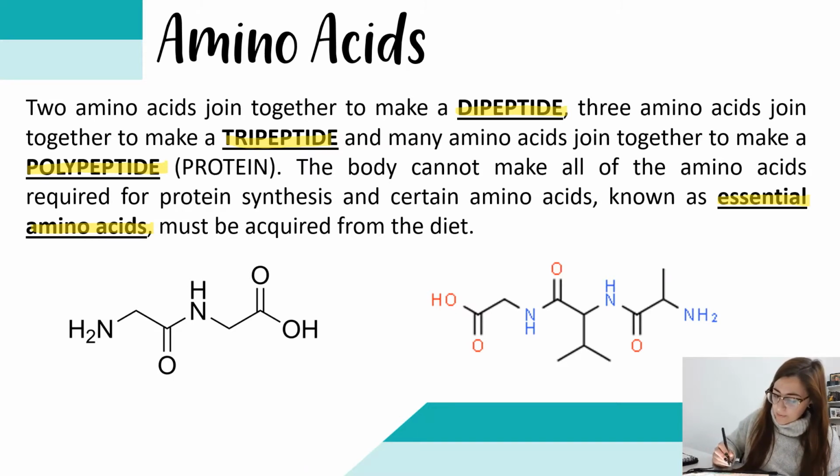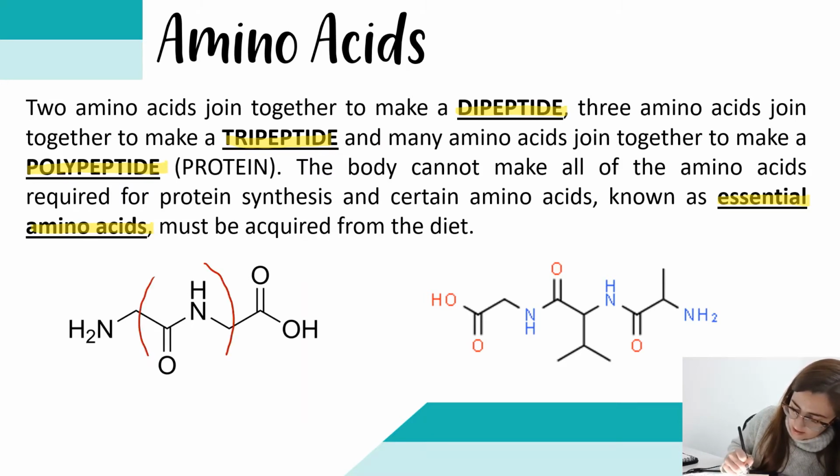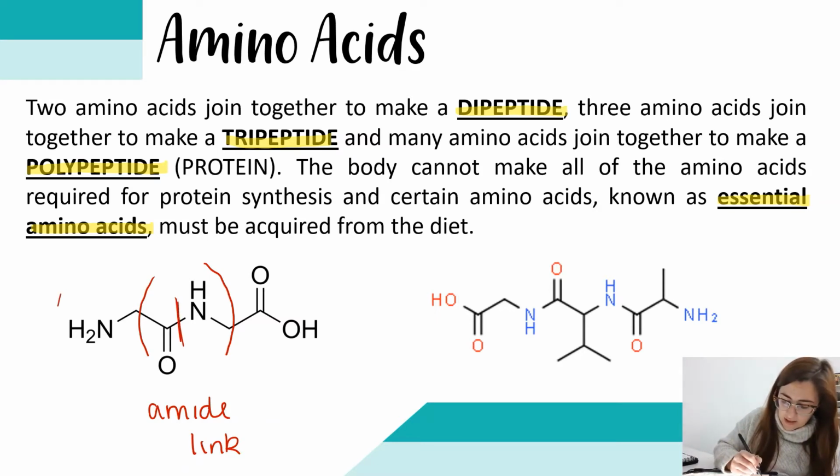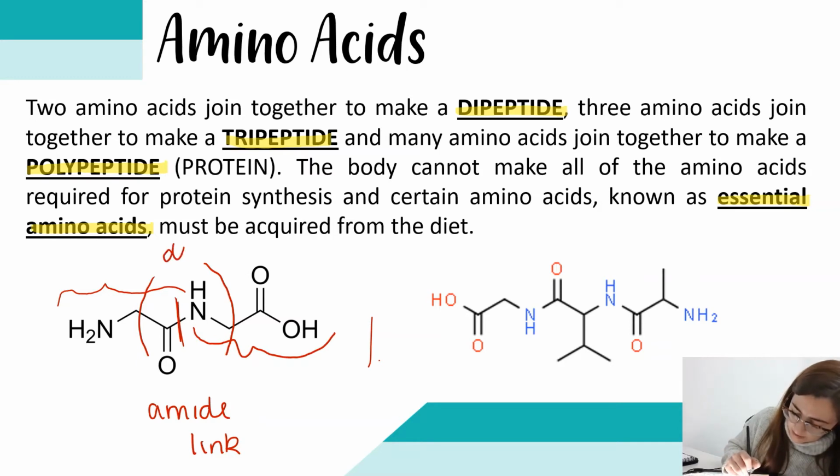So for example, if I'm looking at this protein here, then I can see that this here is what we call an amide link, where our amino acids have joined together. So this here is one amino acid, and this is another amino acid. So this is a dipeptide.